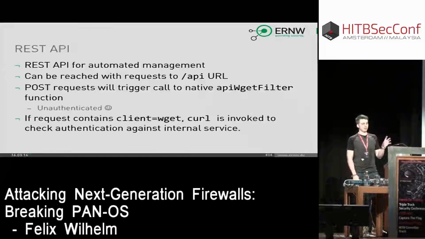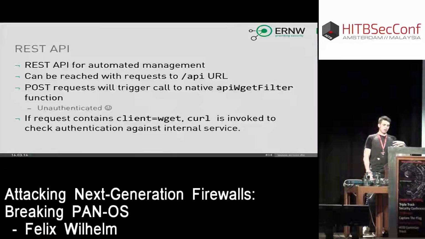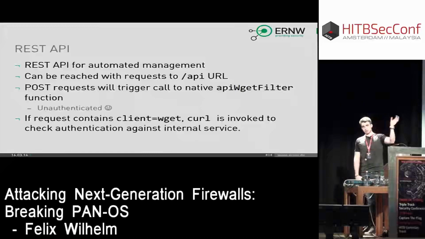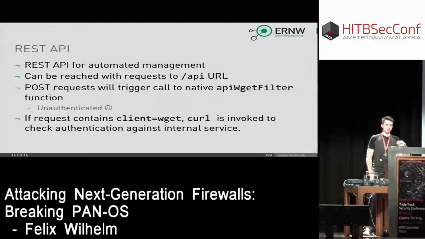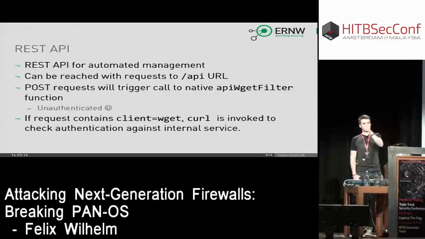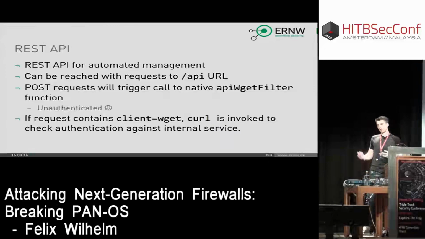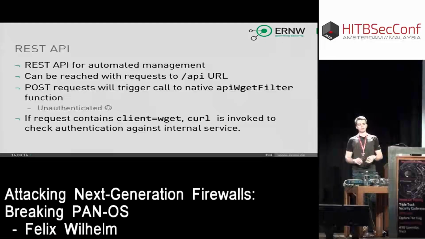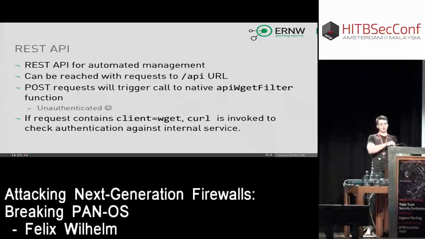And the interesting thing, if you look at this code, if the HTTP request you sent contains the string client=wget, then they use curl, the curl command line utility, to invoke an authentication check against an internal web service, a service that's only reachable over the localhost interface.